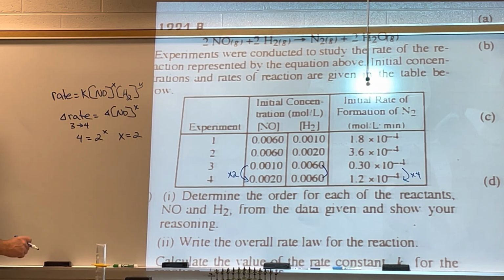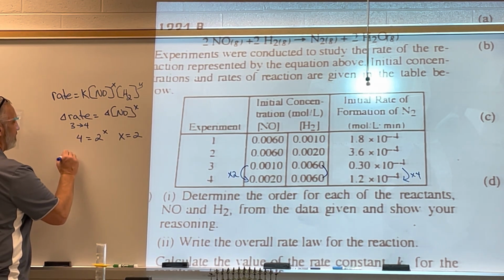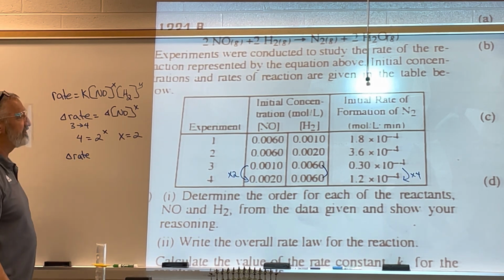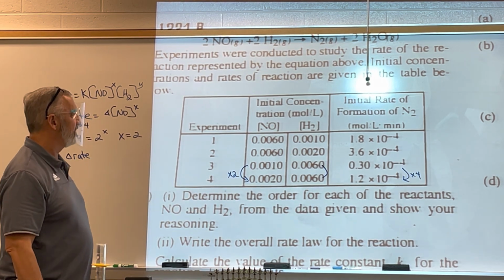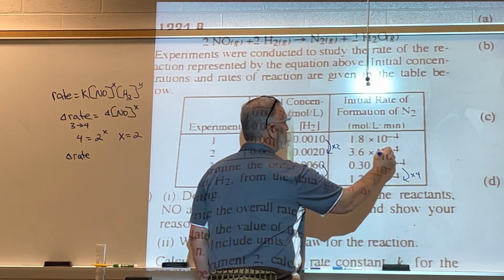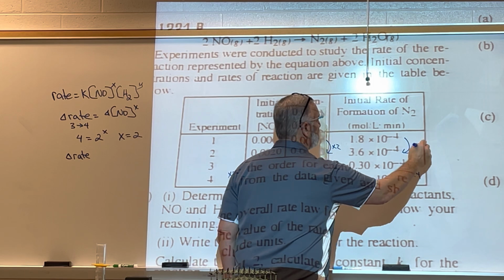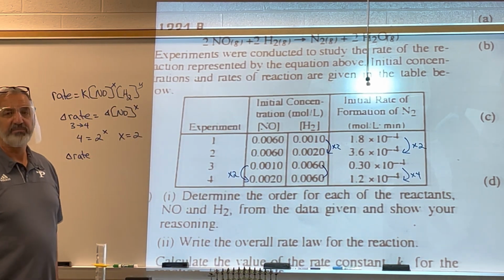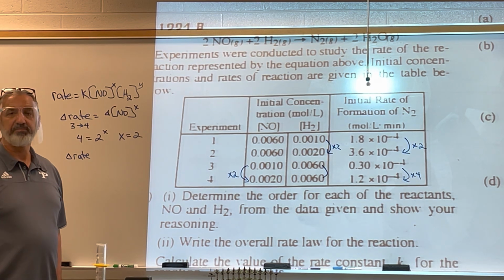All right? So then we do the same thing. What do we do for the H2? We're going to go from 1 to 2. 1 to 2, right? That's times 2, and this is times 2. So that tells me what's the exponent going to be? 1.